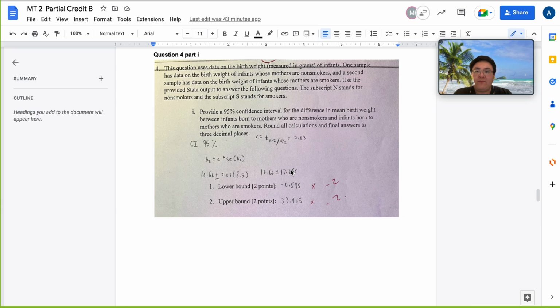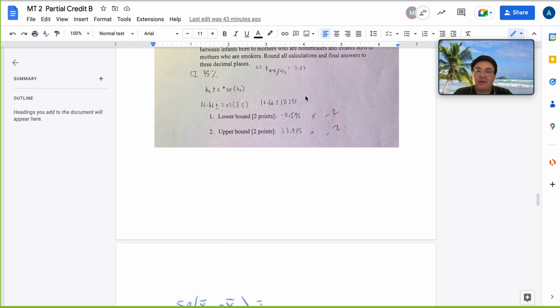For question 4, part 1, it is asking us to provide a 95% confidence interval for the difference in mean birth weight between infants born to mothers who are non-smokers and infants born to mothers who are smokers, and we round all calculations and final answers to 3 decimal places.